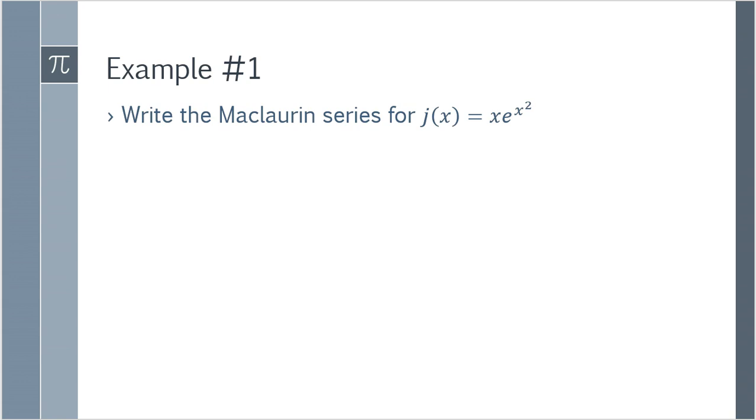I know the Maclaurin series for e to the x is the series where n goes from 0 to infinity of x to the n over n factorial. So I'm going to take this and build up to this. The first thing I notice is it's not e to the x, it's e to the x squared.